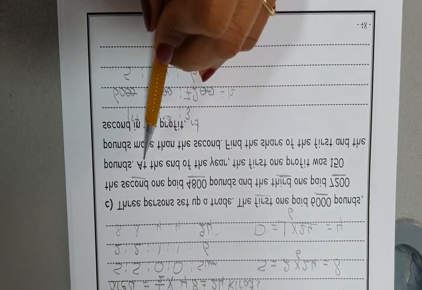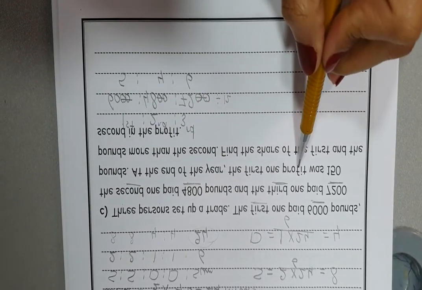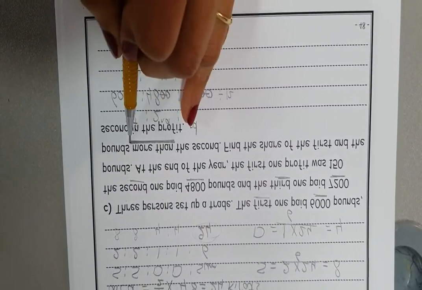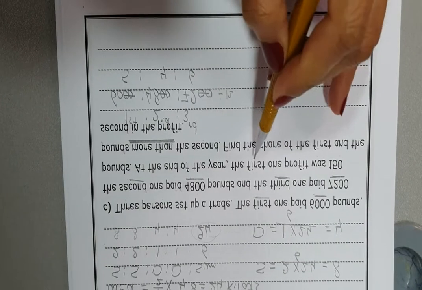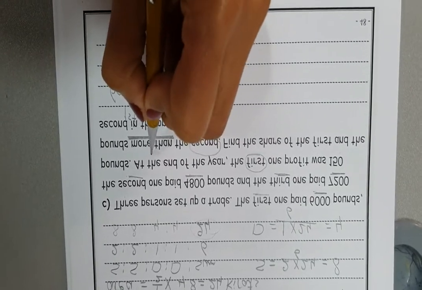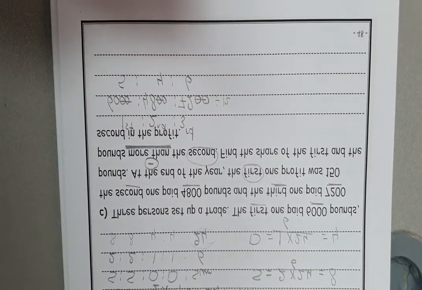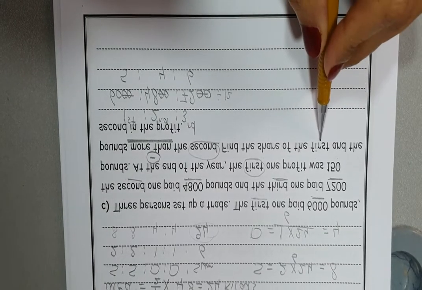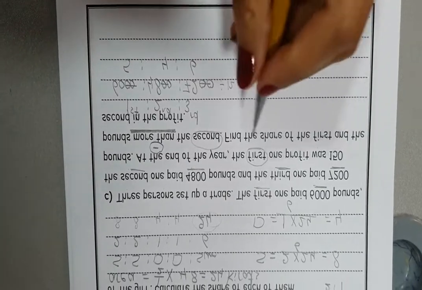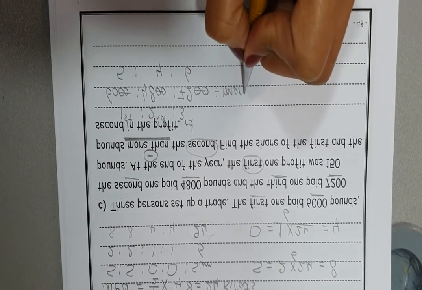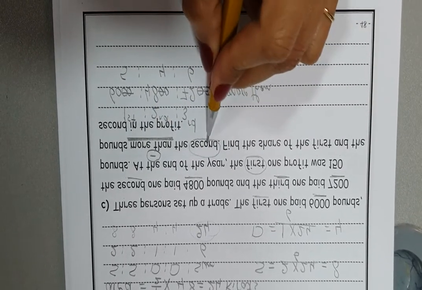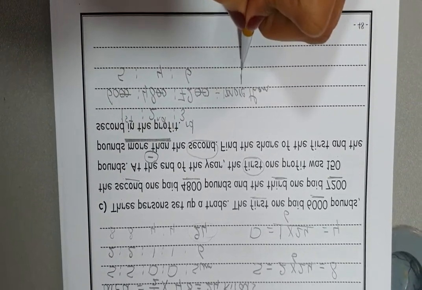Let's complete. At the end of the year, the first one's profit was 150 more than the second. I'm talking about the first and the second only. More than, it means minus. Find the share of the first and the share of the second in profit. 5 minus 4 gives me 1.